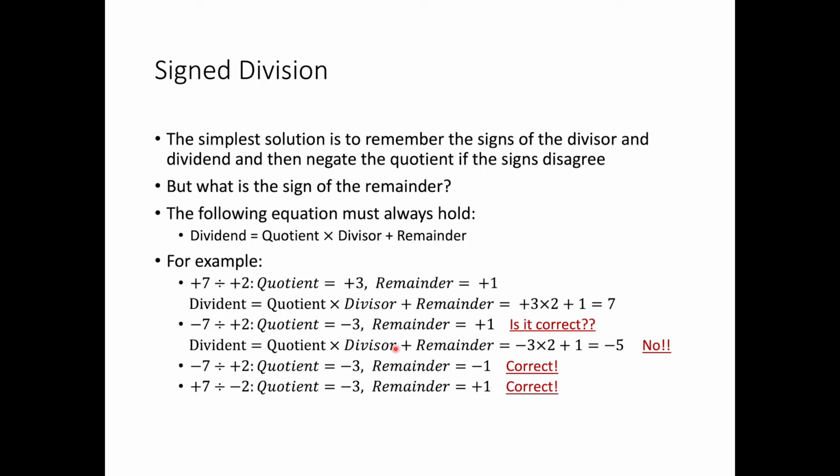Based on this analysis, we can summarize a rule: the dividend and remainder must have the same sign. In the last example, the remainder is positive and the dividend is positive. In the previous example, the dividend is negative, so we get a negative remainder. That is the rule when we are doing signed divisions.